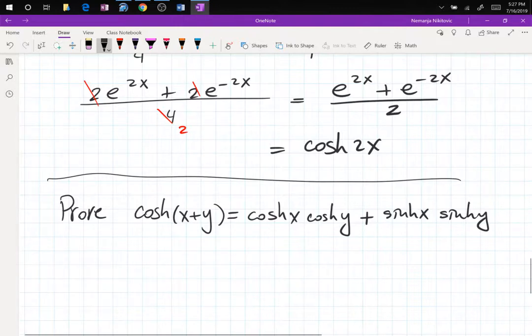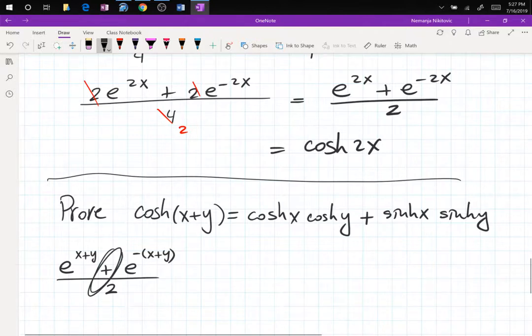So for the left side, I have e to the x plus y plus e to the negative x plus y divided by 2. So that's the left-hand side. And remember, whatever the argument is, that's what the exponent of e is. And then one is positive, one is negative. It's cosine, so we are using a plus over here.